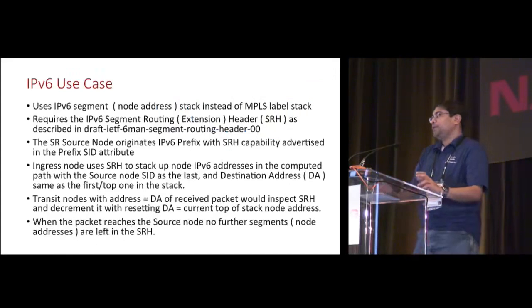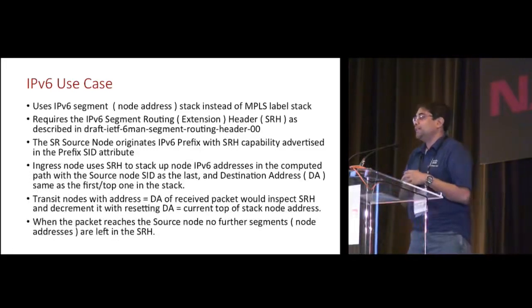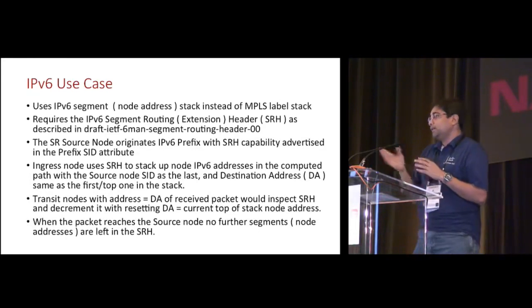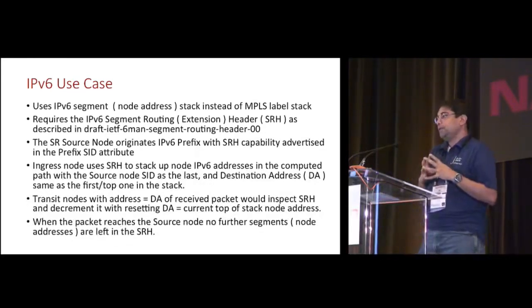So it's pretty similar in the IPv6 use case as well, but of course, we talked about the problem that we don't really have a stacking of IPv6 addresses. So in this case, we have an extension proposed by the draft mentioned here, which is basically called a segment routing header.